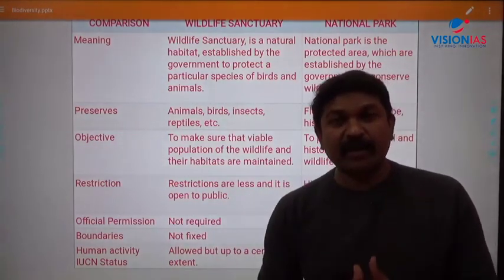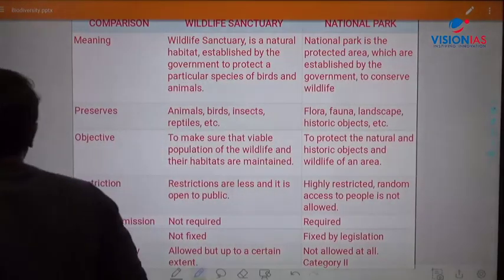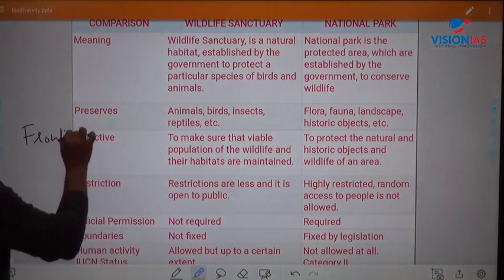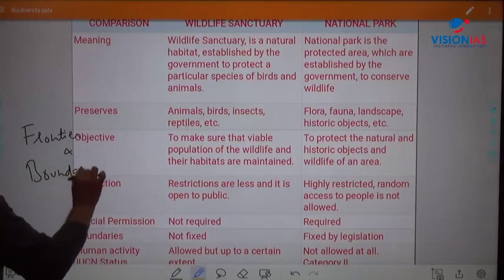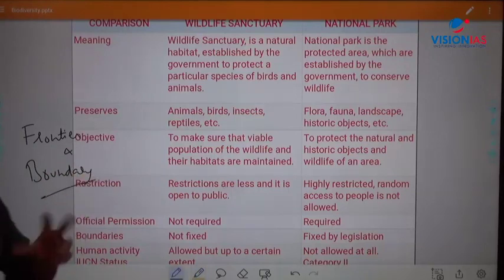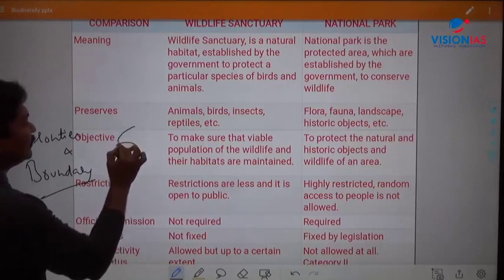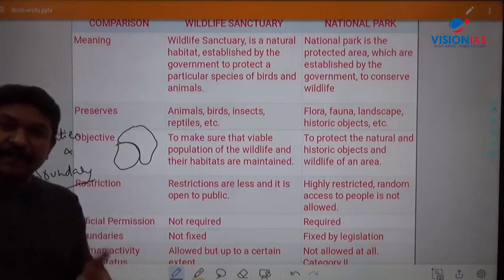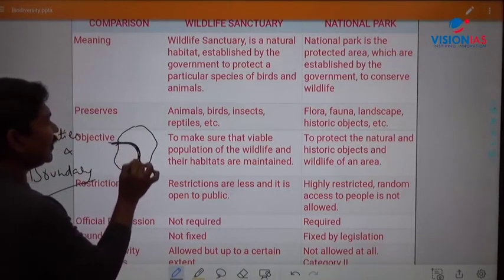Just like when you are talking about the frontier and the boundary. Here I am comparing both the frontiers and the boundaries. What is the boundary? Suppose this is one country and this is another country. The line that separates both the countries is called the boundary line.